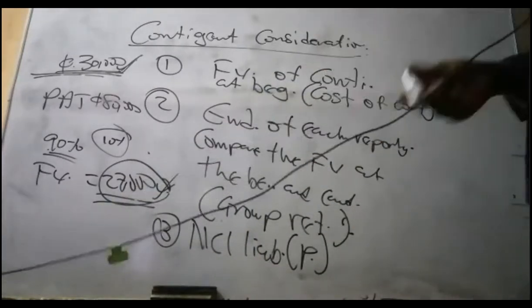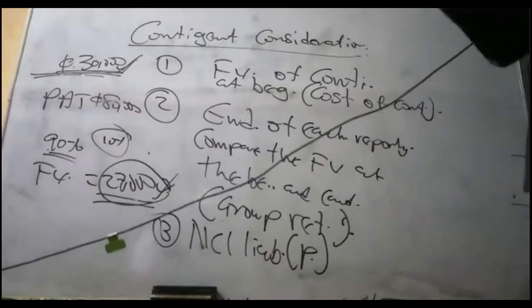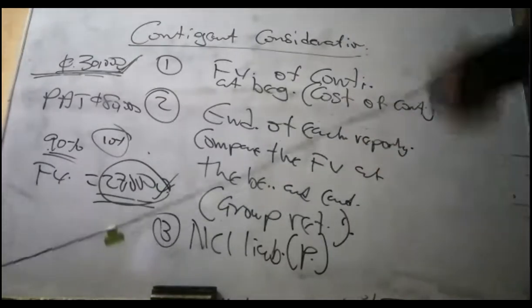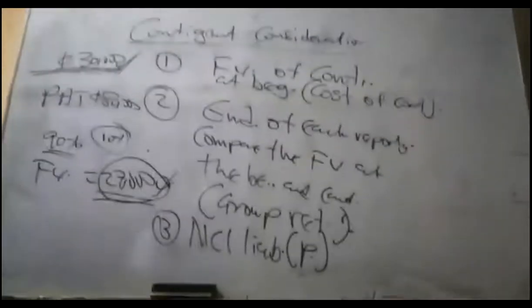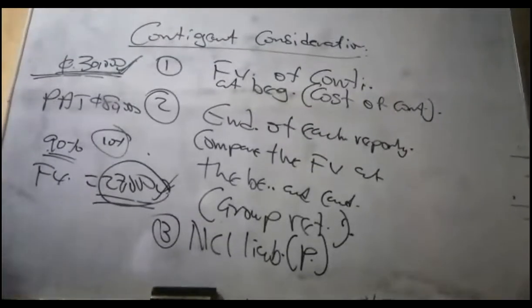The following year, assess it. If it drops again, it's a gain for you. If it increases, then it's an additional provision. Non-current liability depends on the time frame.